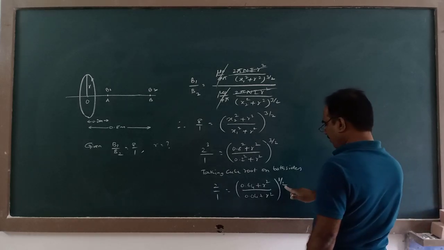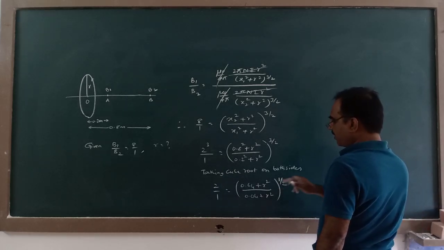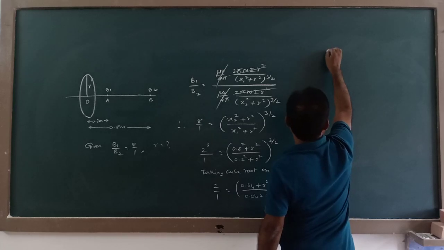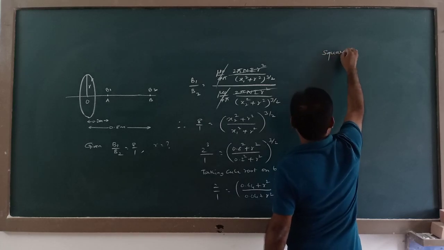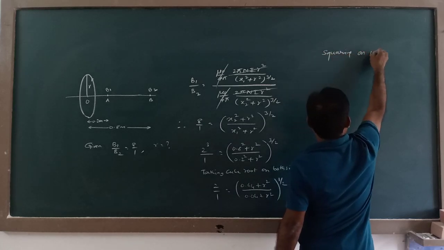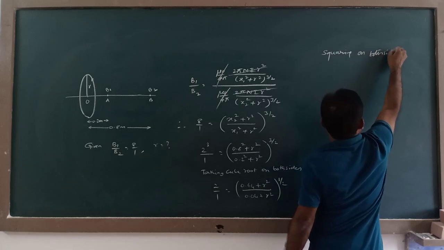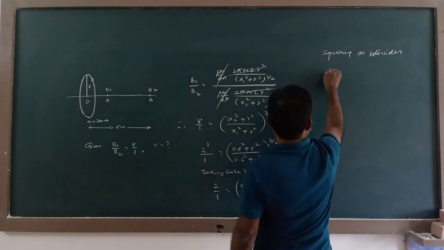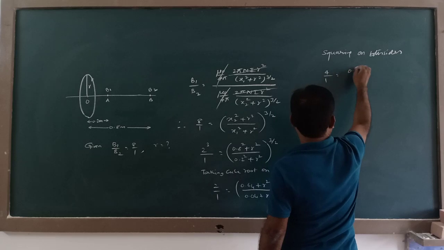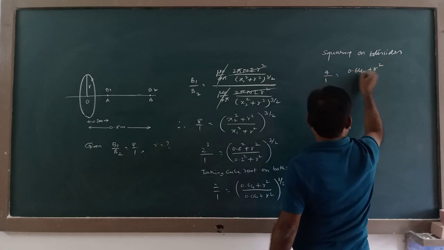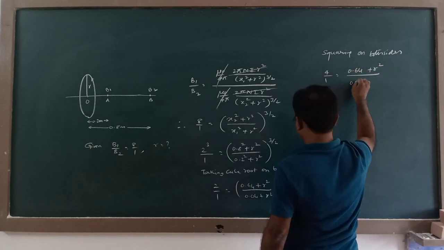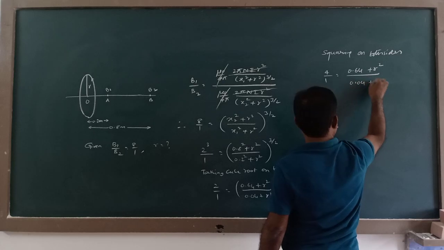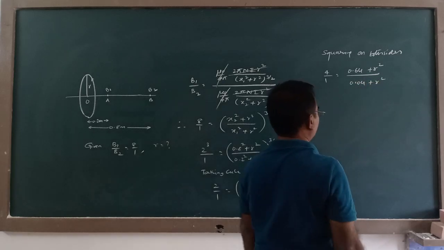Next, to eliminate this power half, I square on both sides. Squaring on both sides, this 4 by 1 is equal to (0.64 plus r square) divided by (0.04 plus r square).